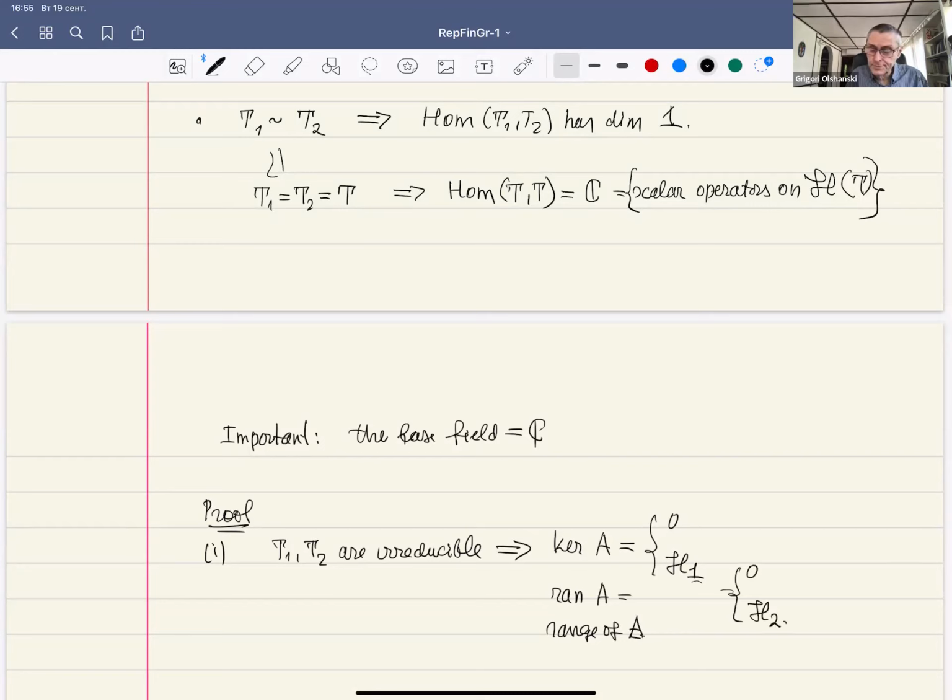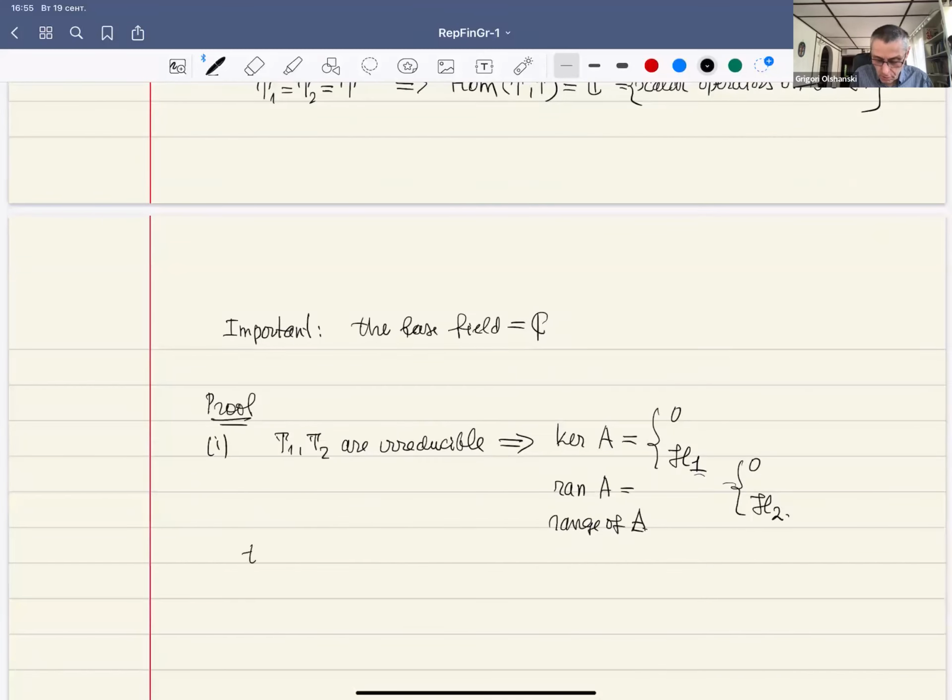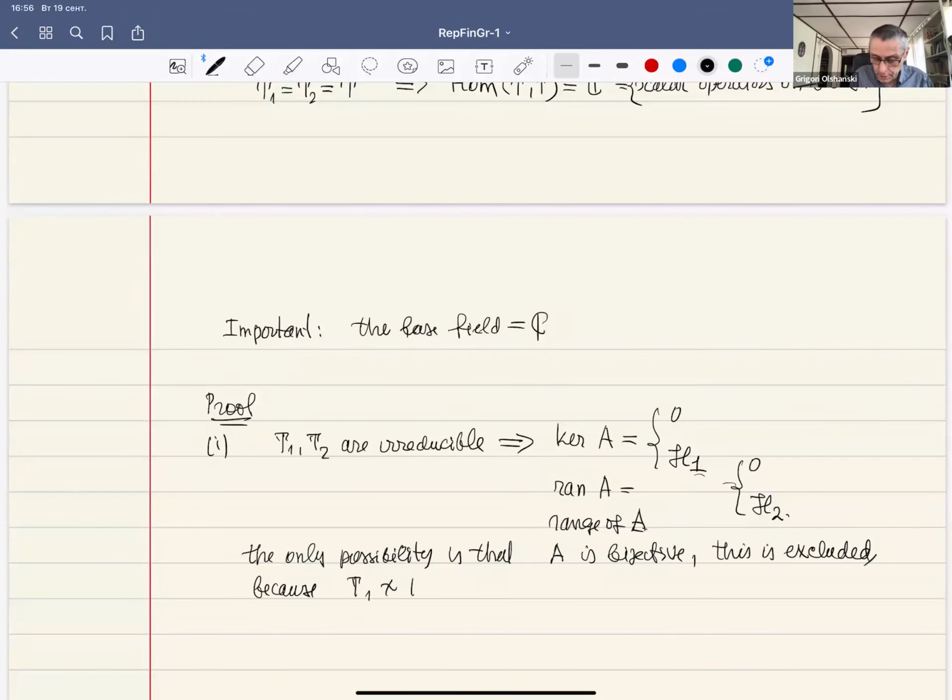And from this, it follows that the only possibility is that A is bijective, but this is excluded because the representations are not equivalent.